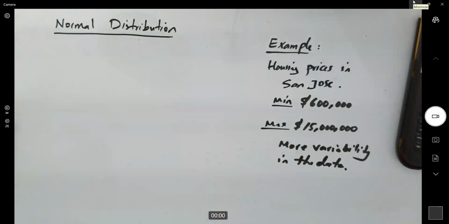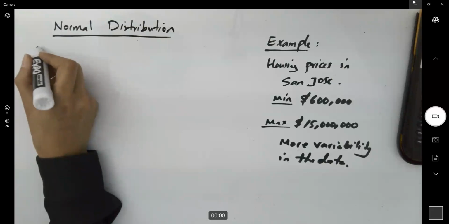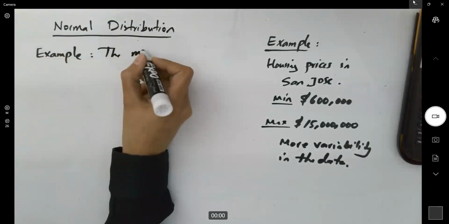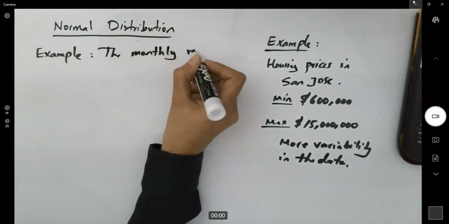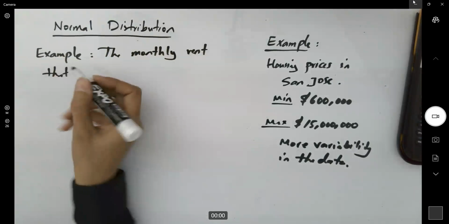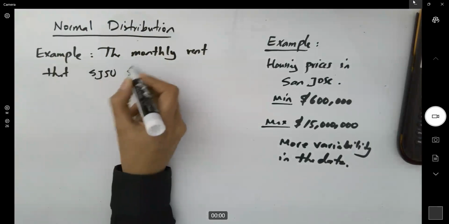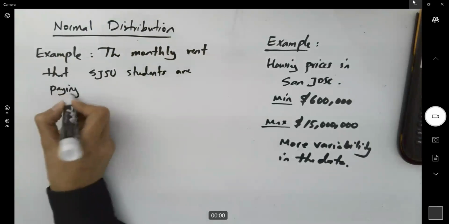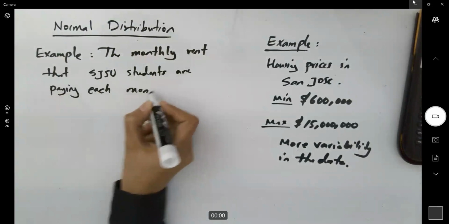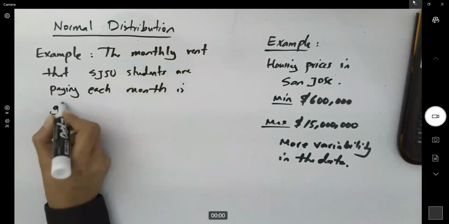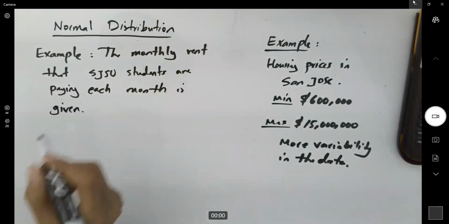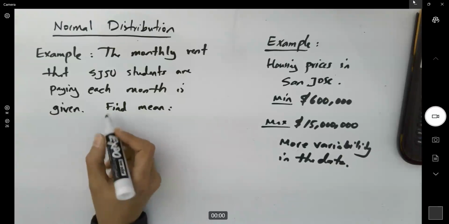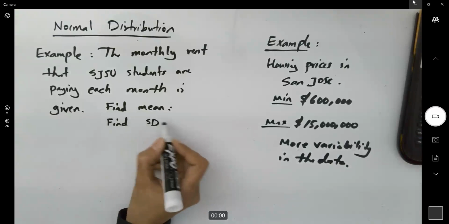Example: the monthly rent that San Jose State University students are paying each month is given. First of all, find the mean, then find the standard deviation.